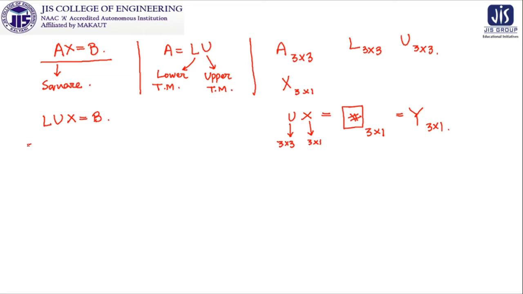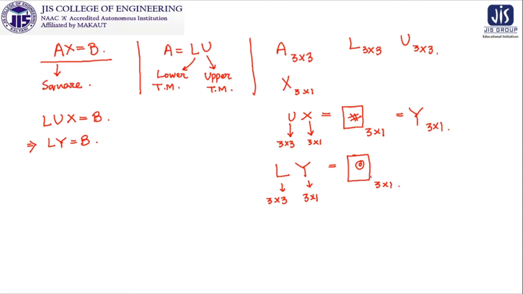So in the next line we can write Ly = B. For consistency checking, as L is a 3 cross 3 matrix and Y is a 3 cross 1 matrix, the result of Ly must be a 3 cross 1 matrix.